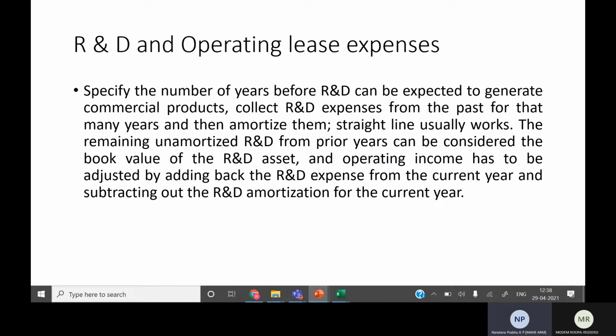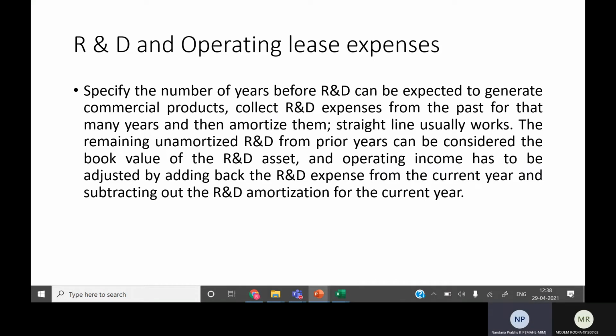When we add back the R&D expense and deduct R&D amortization, then operating income will become either plus or minus. We saw that there, adjustment to operating income. It might become plus or minus depending upon the amount that you add back and the amount that you deduct.